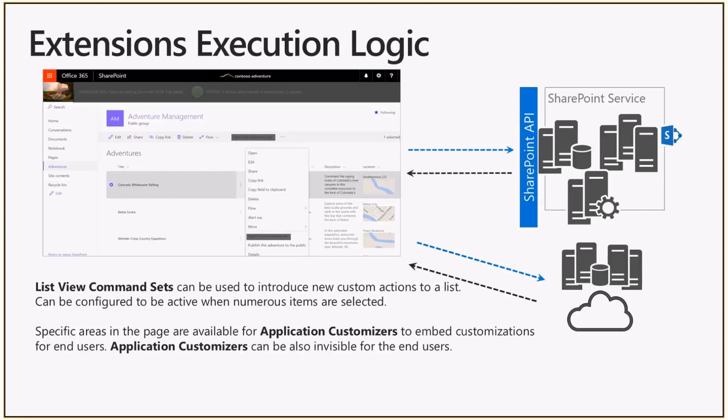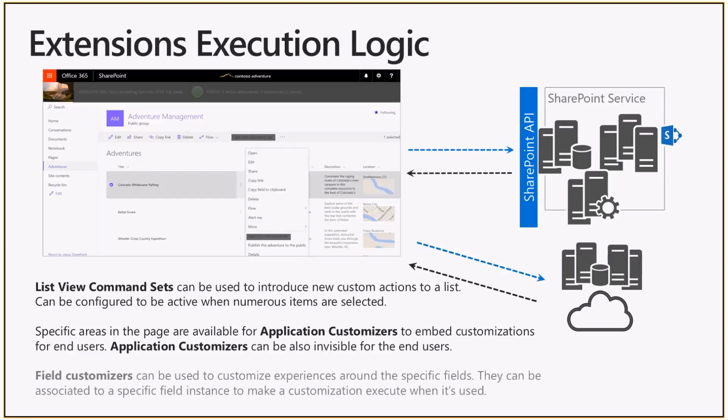It could be in a footer as well. Or it could be the field customizer, which is responsible for rendering the field value. So in this case, there's a field customizer rendering the map value of the location. Quite a simple scenario in the end, and quite simple how it actually works.